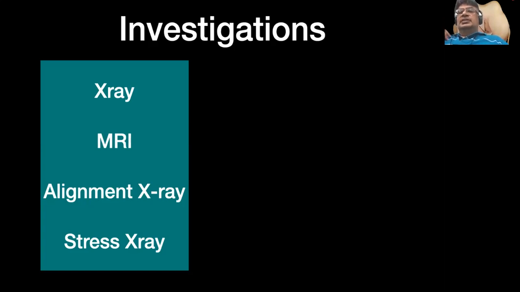But it seems that the X-ray grading doesn't match the clinical signs and symptoms of the patient. Sometimes you see a grade 3 PCL and the patient is asymptomatic. Sometimes you see grade 2 on X-ray, but the patient is very symptomatic in terms of pain and sometimes instability. So over a period of time, I have reserved stress X-rays only for very critical cases in which I am in doubt whether to go for surgery or not. In that case only I do a stress X-ray, but my mainstay is the MRI.